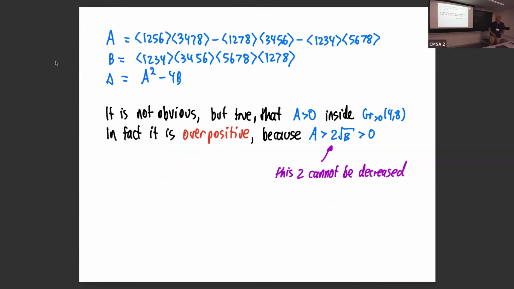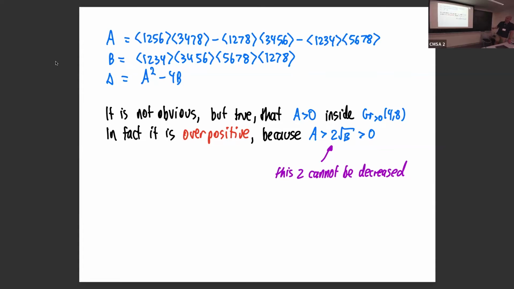So if we look back again at these expressions that I was using a few moments ago, it is definitely not obvious. There are two minus signs there. It's definitely not obvious that this quantity A is positive valued inside the positive Grassmannian, but you can check that indeed it is positive. And in fact, it's over positive. This is a phrase that we used in our paper with Thomas and Nima.